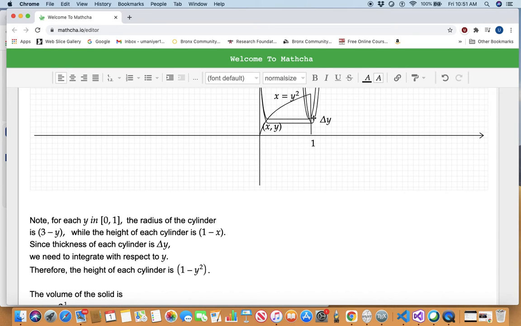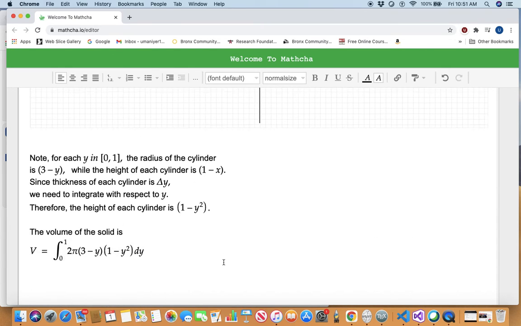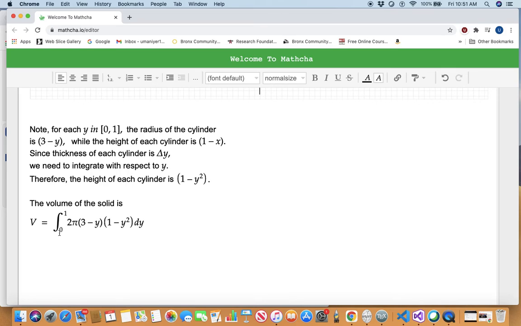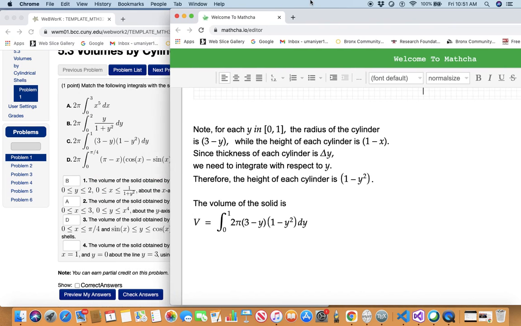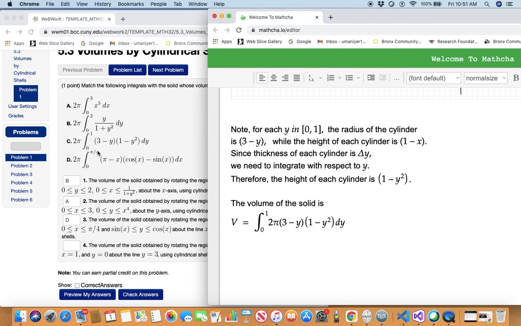Notice the thickness is up-down thickness, so that's delta y. In other words, you're taking integration with respect to y. So make sure all your working variables are y. So volume is integral 0 to 1, 2 pi radius, height dy. So that is here, C.